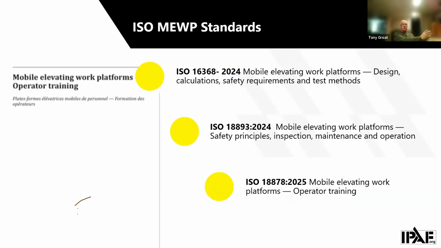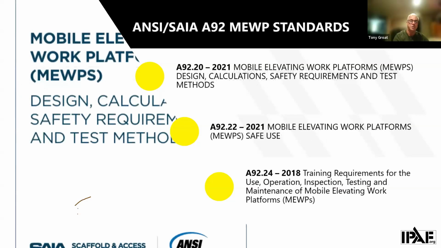So a machine is designed and manufactured to 16368, and then it needs to be safely used by those people who are operating that equipment in the field, and that's under 18893. And then we end up having a training standard, which is 18878 internationally, and it defines how to train the safe use practices that come from the safe use standard. So that's how those three things go together, and those are paralleled in each of our countries.